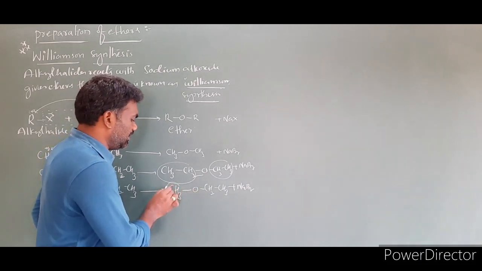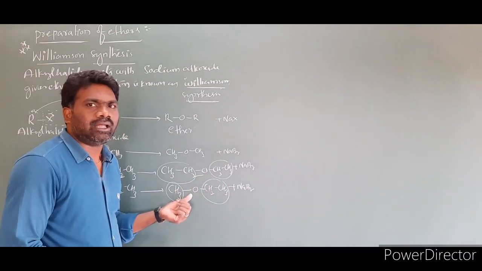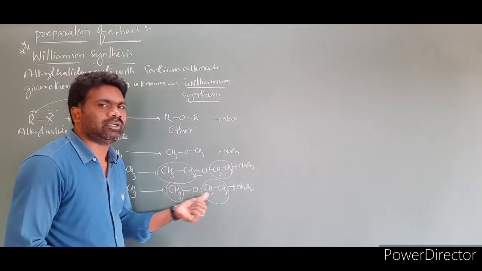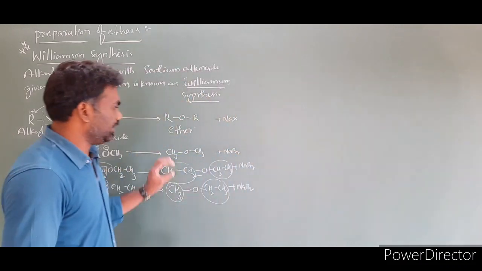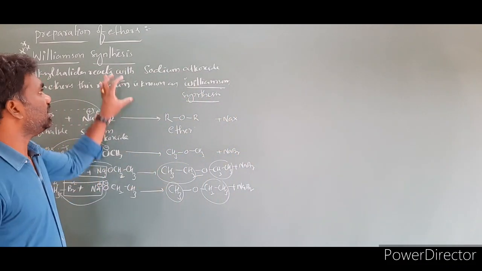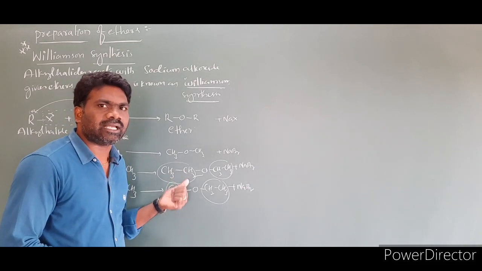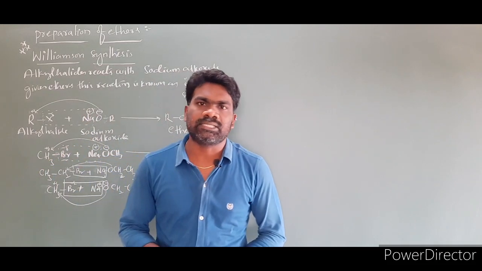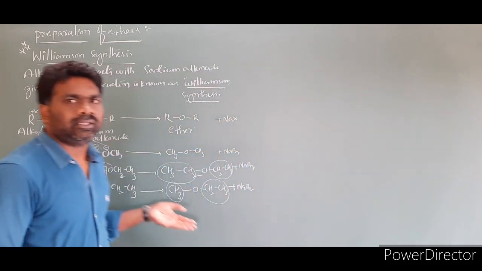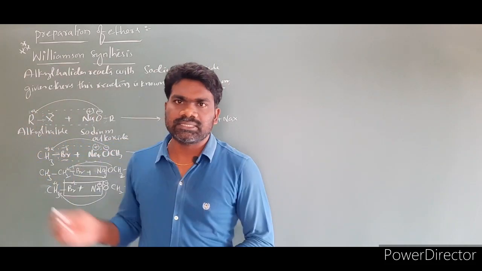But in this one, one side is methyl and the other is ethyl, both different, so it is an unsymmetrical ether. So the point to understand is that by Williamson synthesis we are able to prepare both symmetrical as well as unsymmetrical ethers.